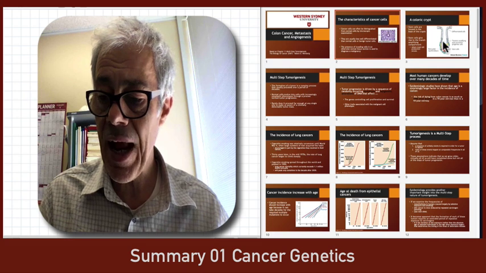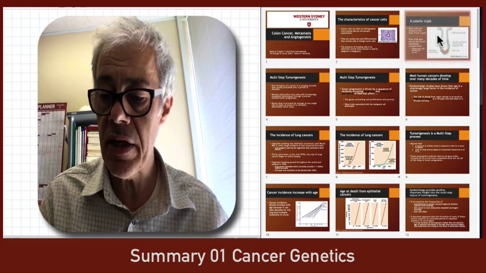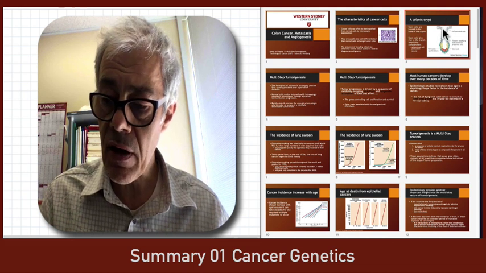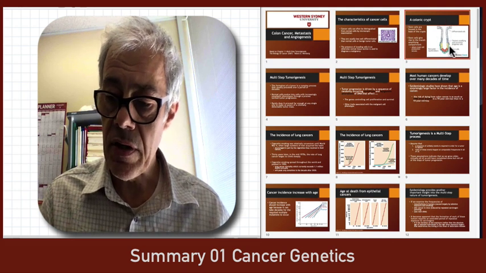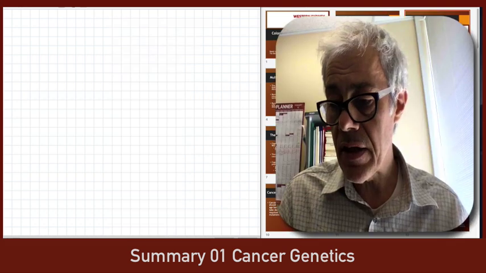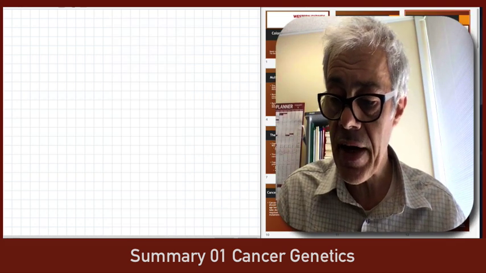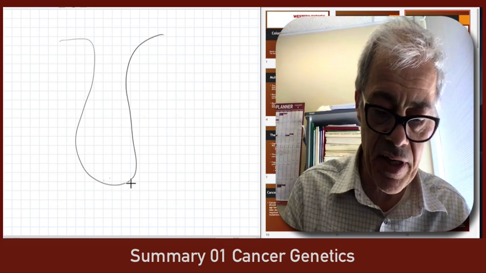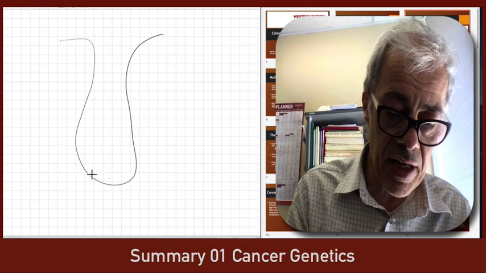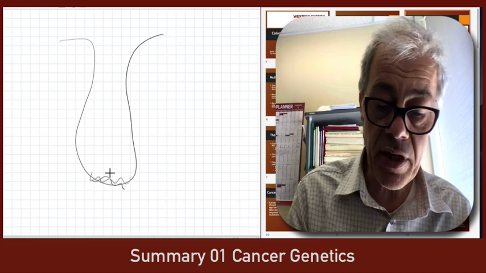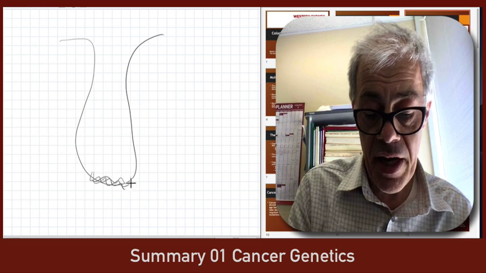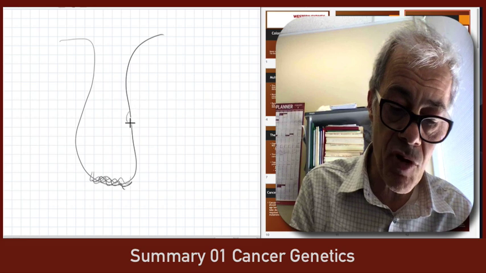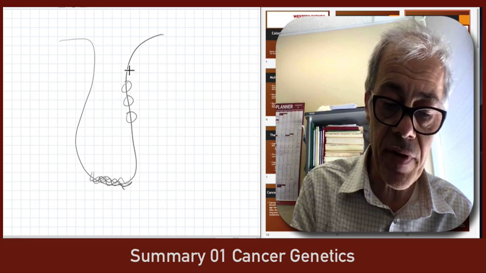To give a bit more clarity to that, I included this slide, which shows a profile of one of these crypts, and it highlights the stem cells at the base. These stem cells are constantly growing and dividing, and when you get mutations in these cells, those mutations are propagated in the transient amplified cells.